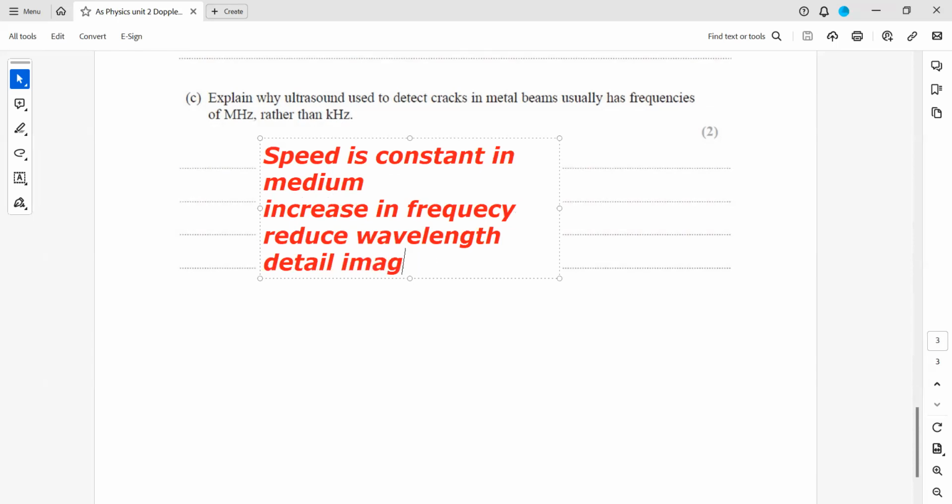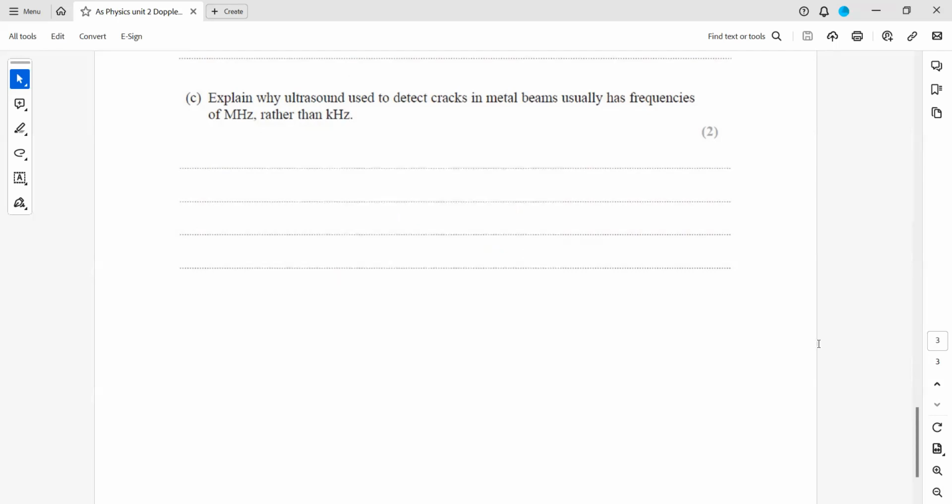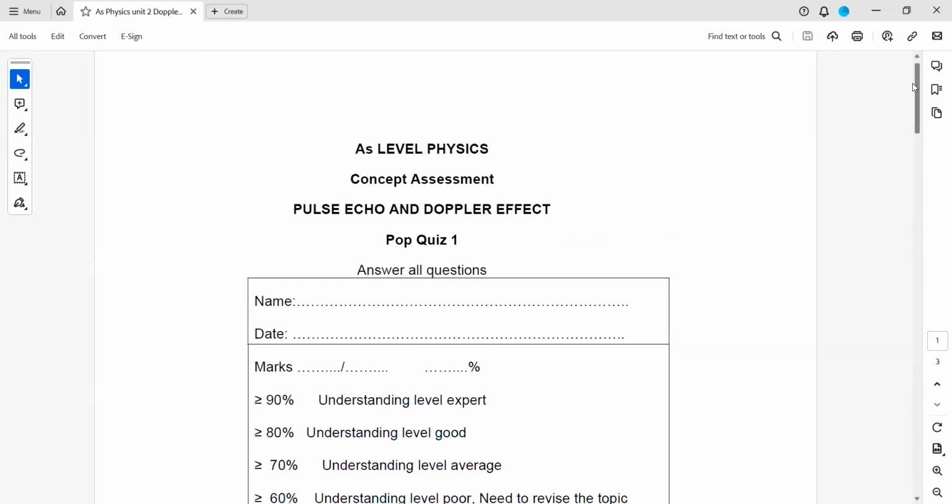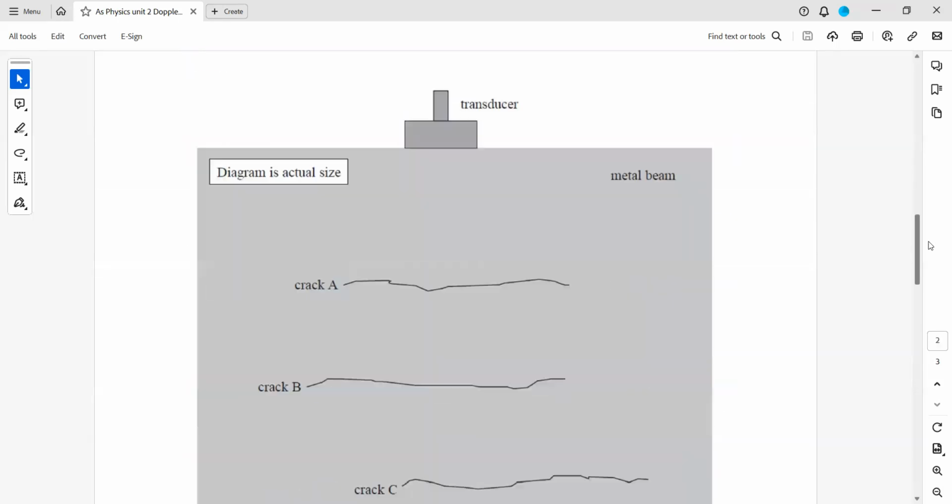A detailed image means you will have more points of reflection. The speed will change at each crack. Image here refers to more points of reflection. Because what usually happens is when the wave completes the pulse, part of the wave is reflected.